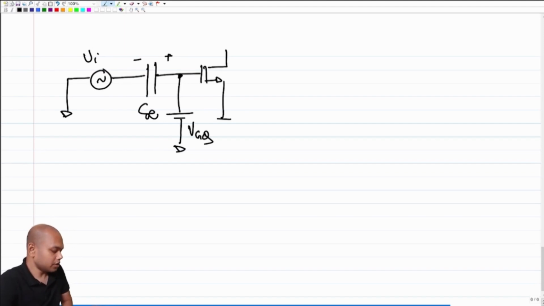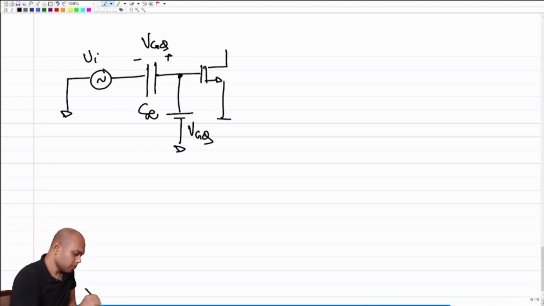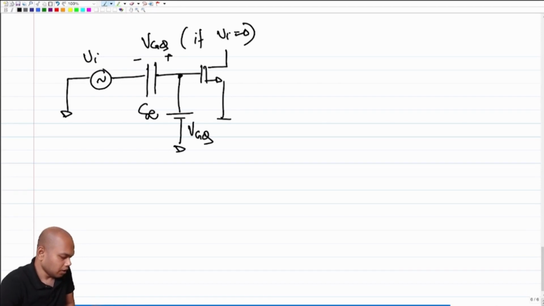The voltage across C infinity will be VGQ, right? If Vi is equal to 0. But does this solve the problem?